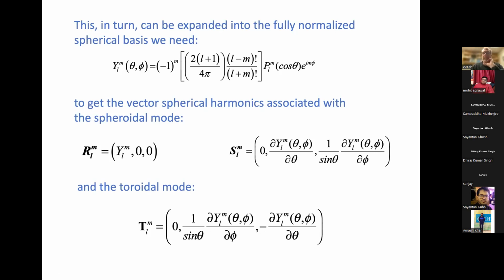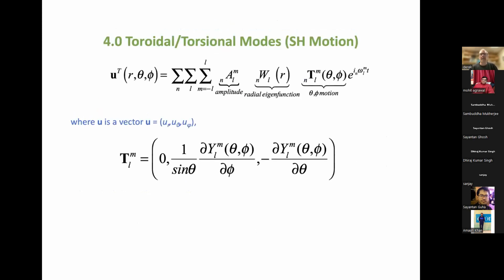So this may seem a little complicated, but really taking this derivative with respect to phi just involves taking this derivative with respect to phi, and this actually will simplify quite dramatically for small values of L or M. So let's look at toroidal or torsional modes, which are SH motion.